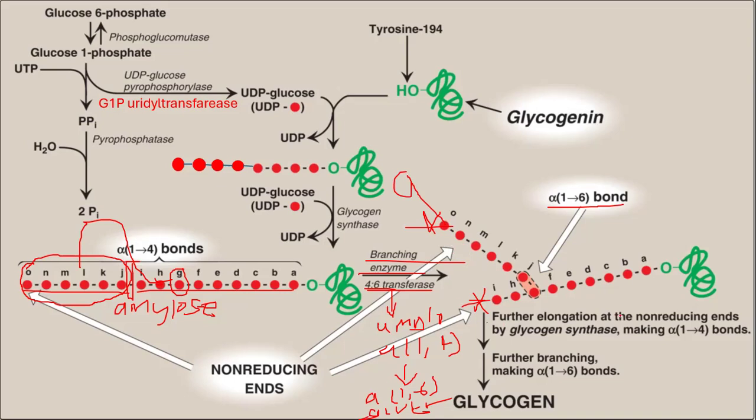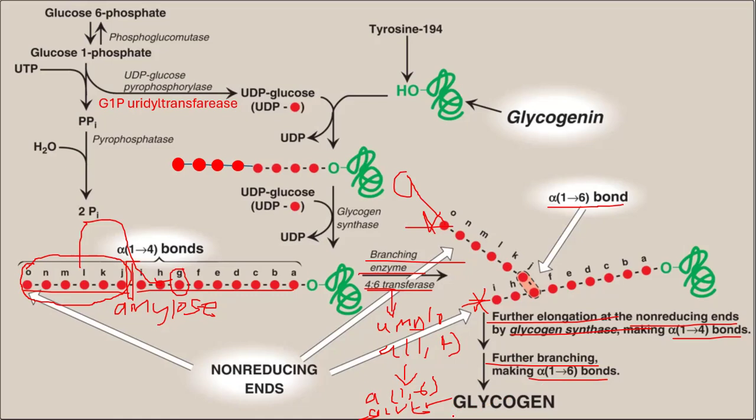Further elongation takes place at the non-reducing end. This will be carried out by the glycogen synthase, which makes the alpha 1,4 glycosidic linkages. But branching will be carried out by the branching enzyme, which has the amylo alpha 1,4, alpha 1,6 glucosyl transferase activity. And by that activity, you make the alpha 1,6 glycosidic linkages.